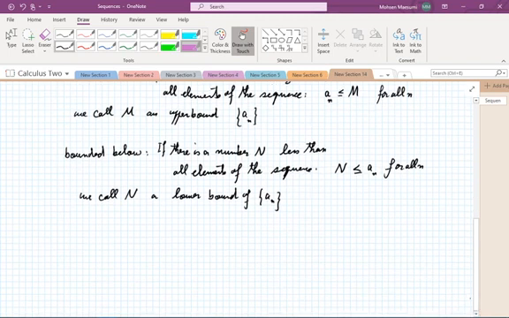Now, there is a concept in calculus 1 when you were talking about limits of functions and such, and the notion is sometimes referred to as a supremum. Sometimes it's referred to as the least upper bound.